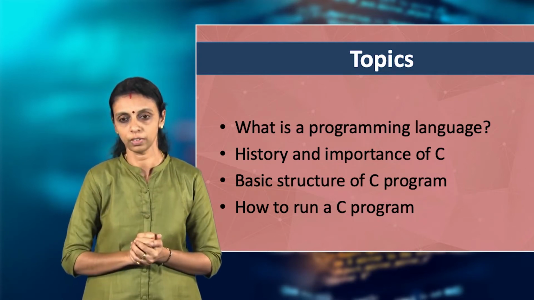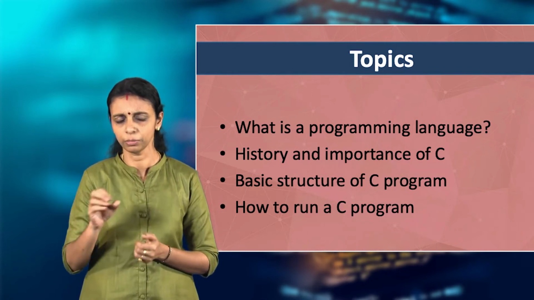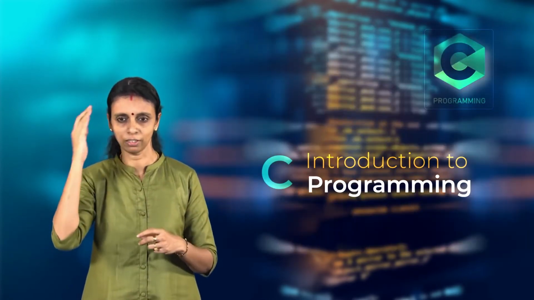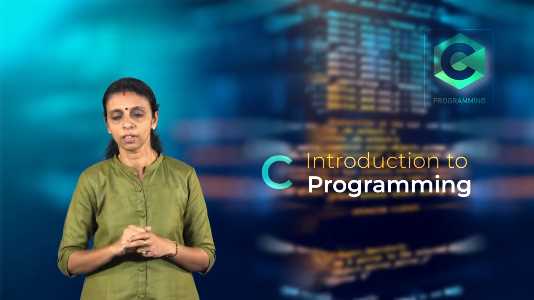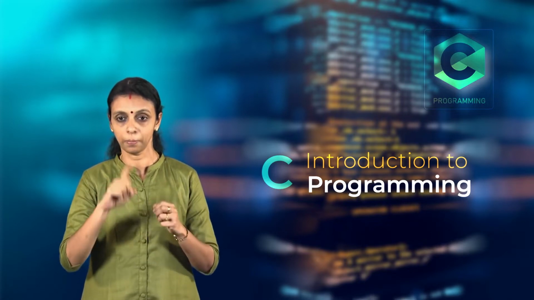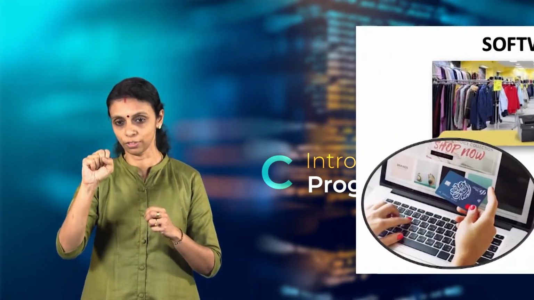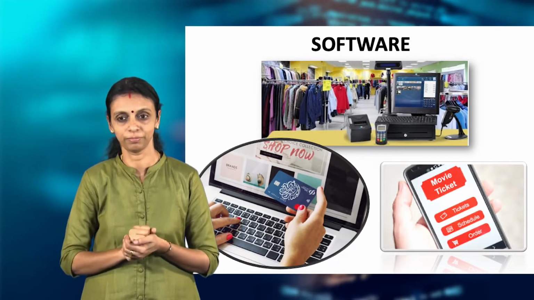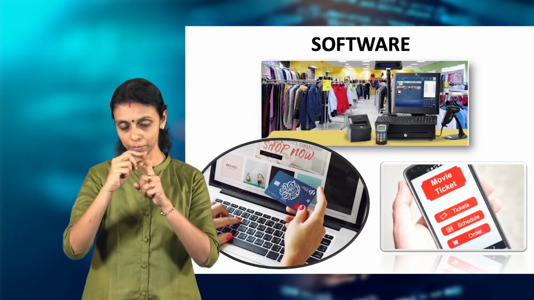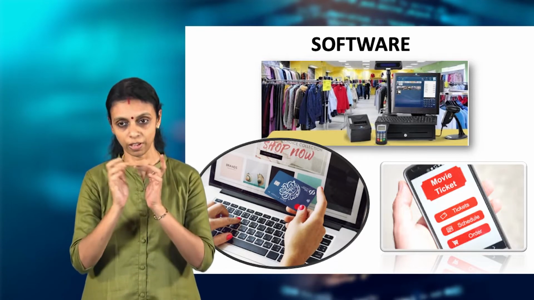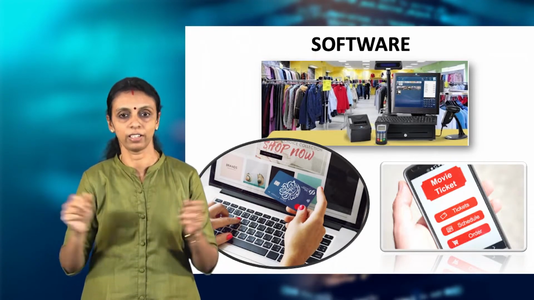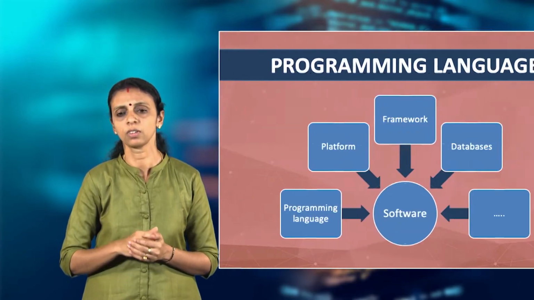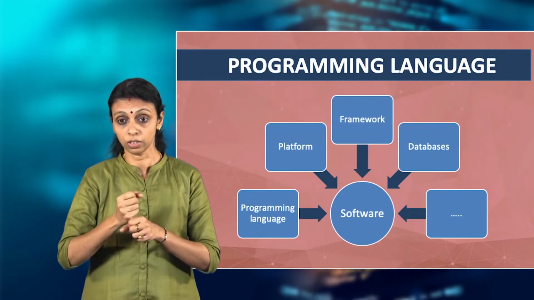You might have seen different software used in different places. For example, the billing software is used in almost all shops, banking software in banks, mobile applications, web applications, etc. A language is needed to develop software.